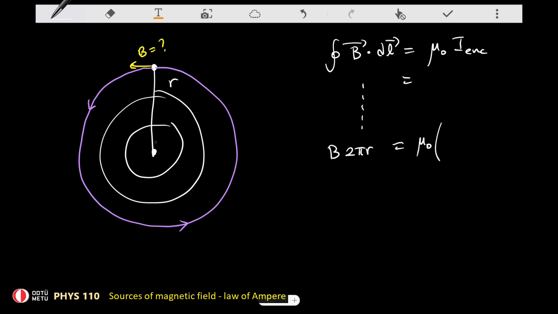And the right hand side is, you can see that in here, there's a current coming towards us from the inner wire. There's a current going into the board from this conducting shell.